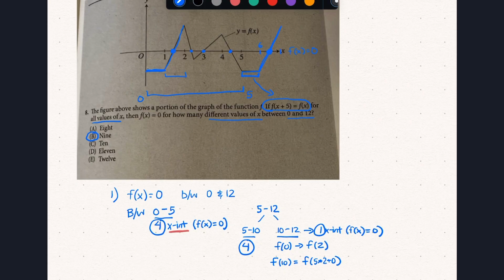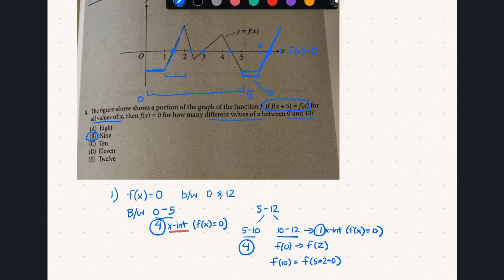So really it's a counting problem, seeing how many x-intercepts there are between 0 and 5, and then a repetition problem where the question's telling us that between 5 and 10 and 15, and so on, for all values of x, after 5, the function mirrors itself. It looks exactly like it did before the value of 5.